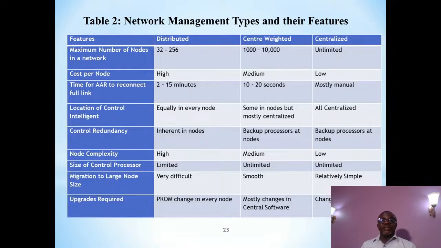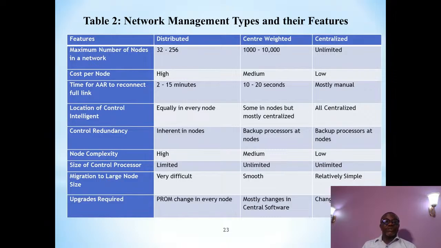Cost per node is high for distributed, medium for center weighted, and low for centralized. Time for automatic alternate routing to connect is 2 to 15 minutes under distributed, 10 to 20 seconds in the center weighted, but in the centralized it is mostly manual.